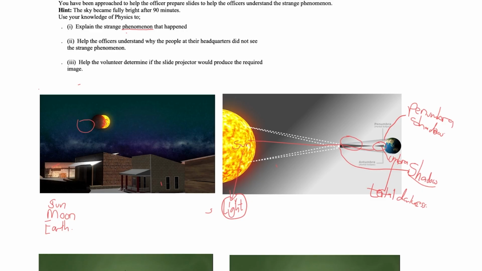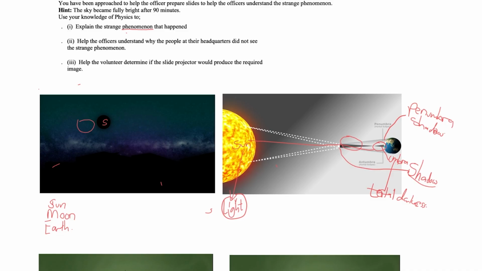Now, we are going to imagine that the military camp, like we have seen earlier, was in total darkness, meaning that it was under the umbra shadow, whereas the other military camp in another country that could receive some light was in the penumbra part, because it could receive some light from the sun.